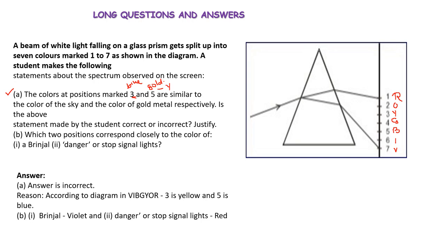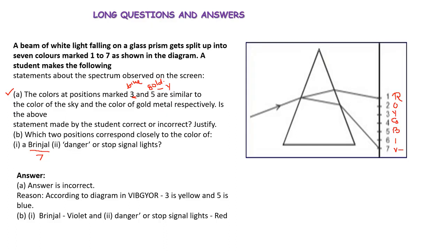So he was wrong. Now which two positions correspond closely to the colors of a brinjal and the danger or stop signal? What is the color of the brinjal? It's violet, so the 7th is the position of the color of the brinjal.